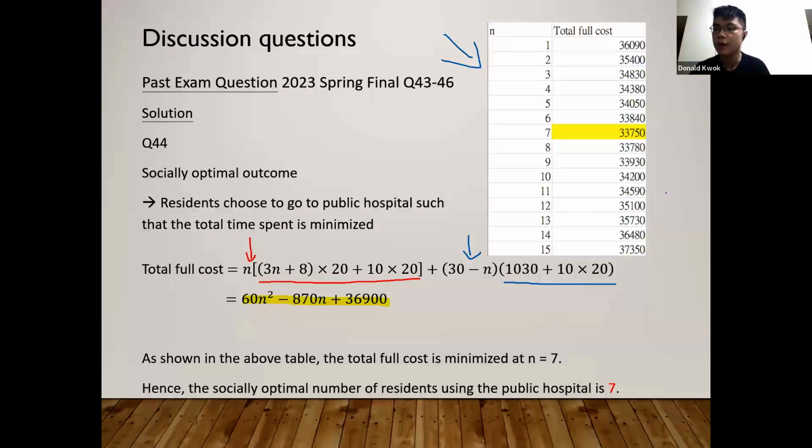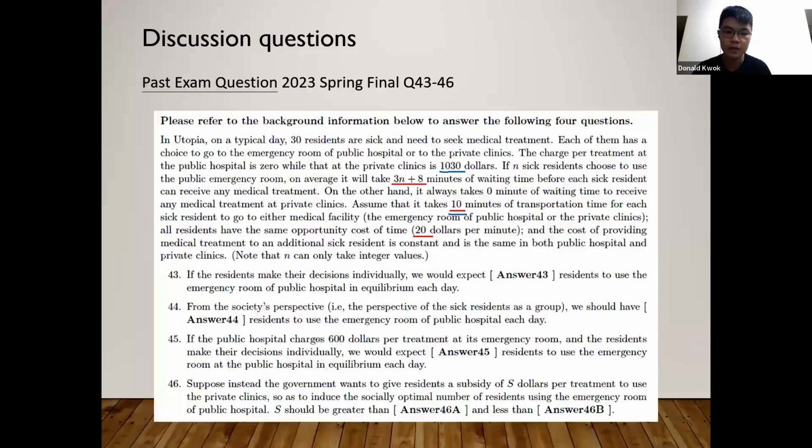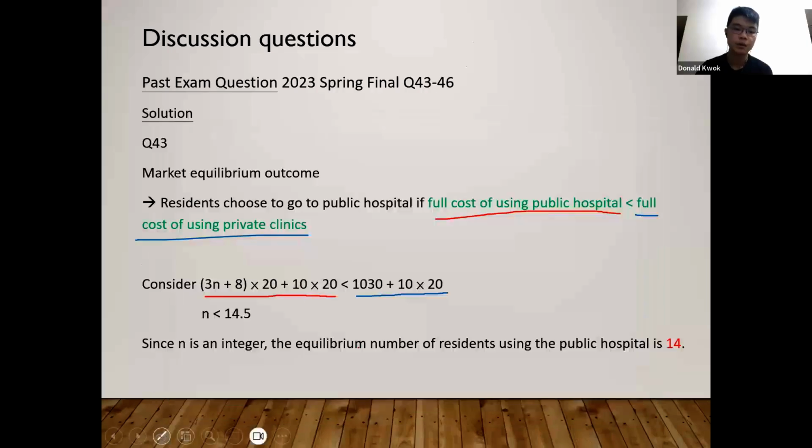Okay, so question 45. If there's a charge of $600 by the public hospital, what will be the number of residents using the public hospital when residents make decisions individually? So we will build on the inequality derived in question 43. Now, everything is the same, just that there is a charge of $600 by the public hospital.